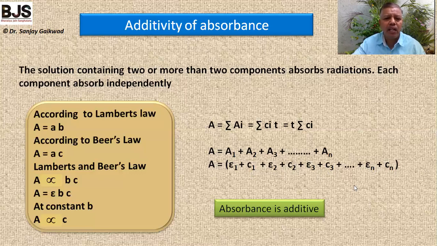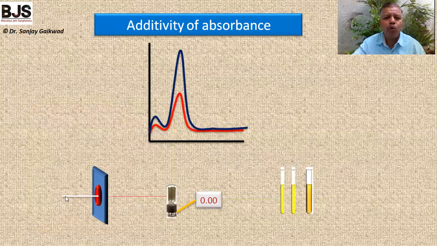Now we can take another example, an experimental example here. Initially, when monochromatic light is passed towards the detector, we observe zero absorbance. When we keep the solution, an absorbance of 0.12 is observed, and this peak is for the first solution.